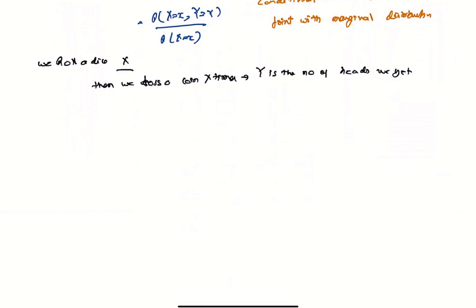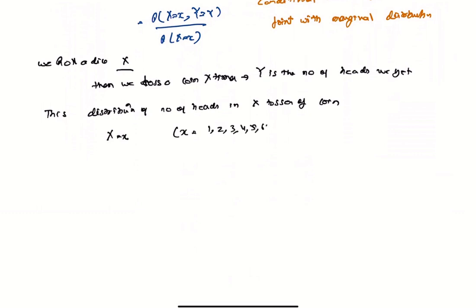This is nothing but the distribution of the number of heads. This is the distribution of the number of heads in x tosses of a coin, given X equal to x, and x can be 1, 2, 3, 4, 5, 6.